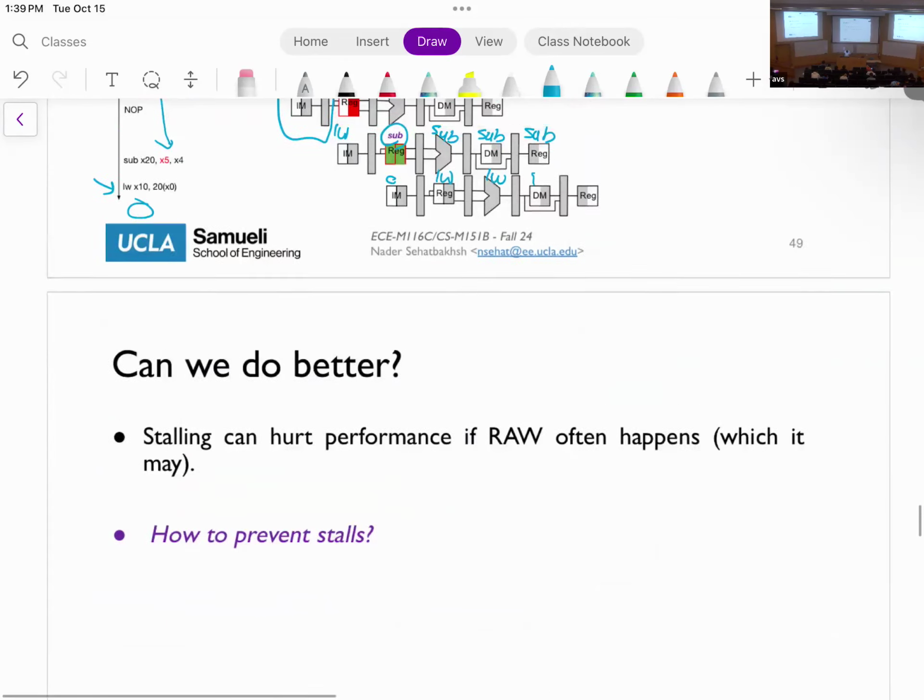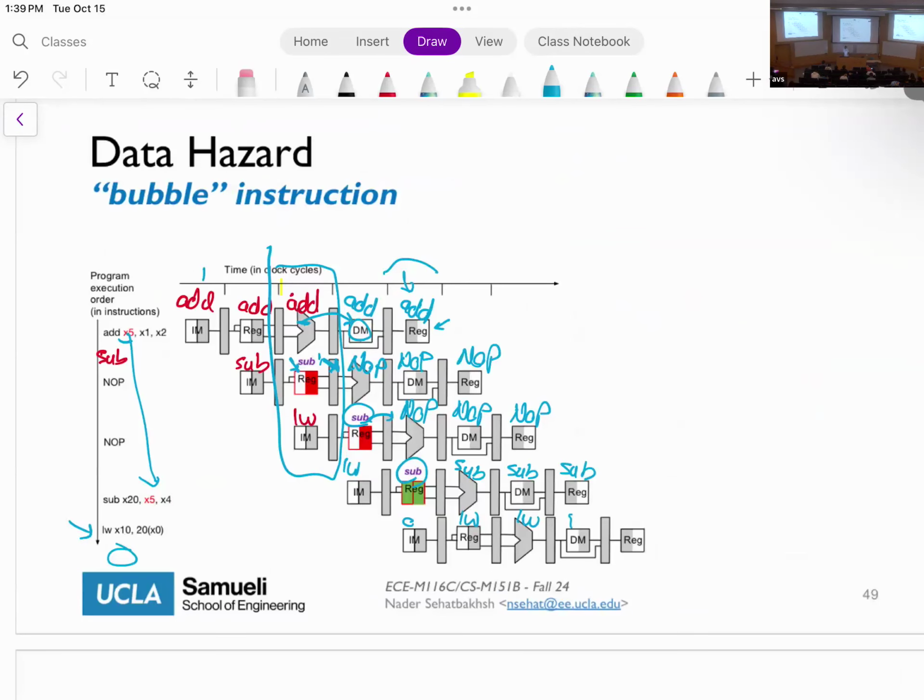So now the question is, is there any better way of fixing this problem? Because what we are saying now is that for every hazard that we have, we're going to have 2 cycles of wasted time, right? I'm running these no-op instructions and not letting the pipeline move forward.